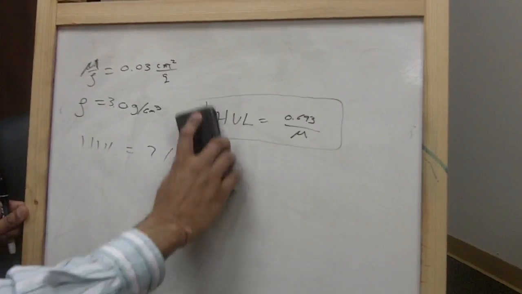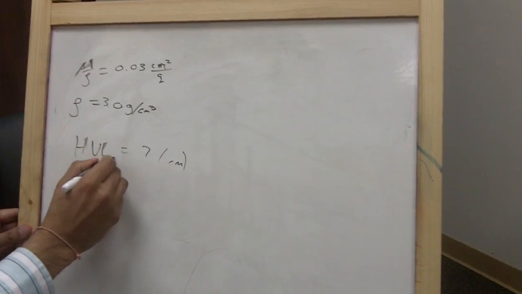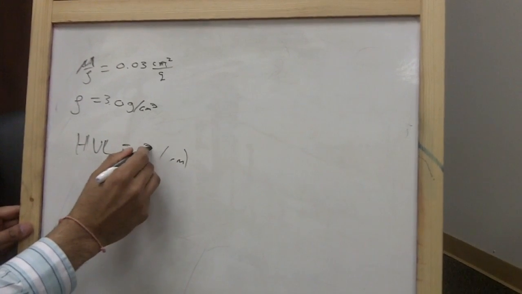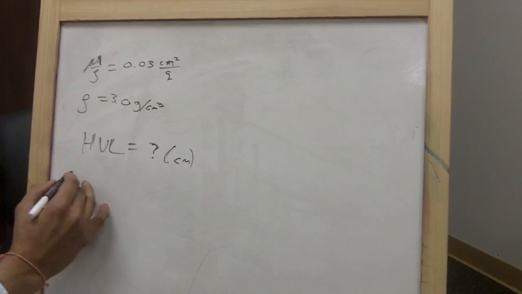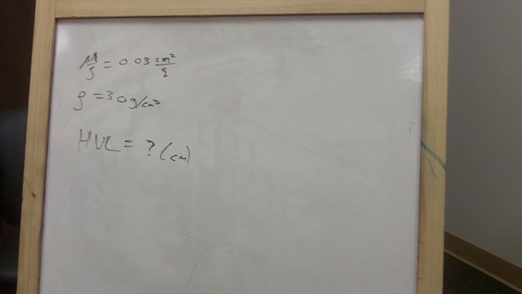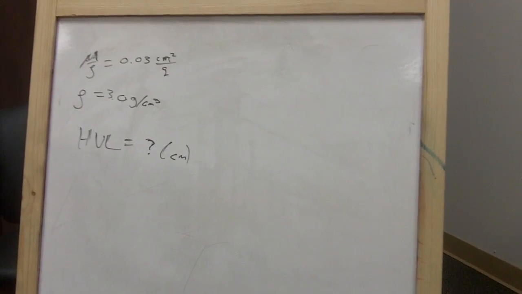Yep. So the way I do it is, this is the long way to do it. This is the way I always do it. I say HVL is physically what it means is the thickness of material that you need in order to reduce your intensity to half.